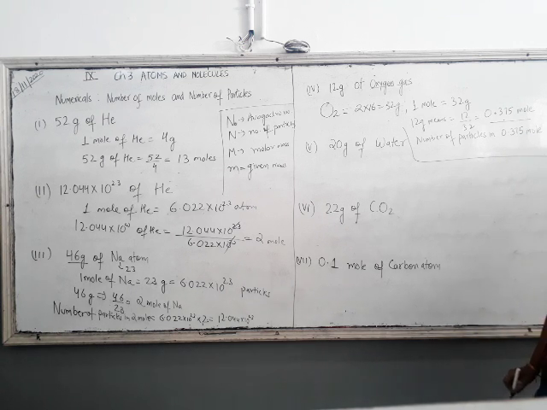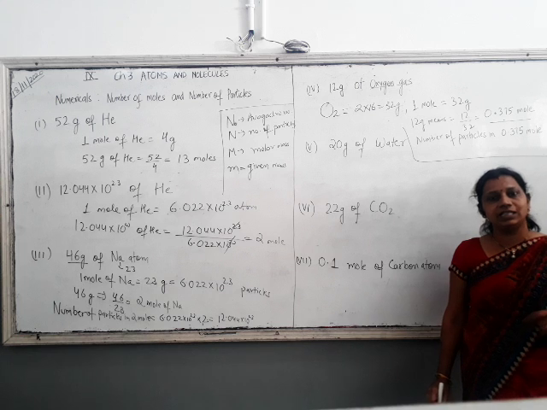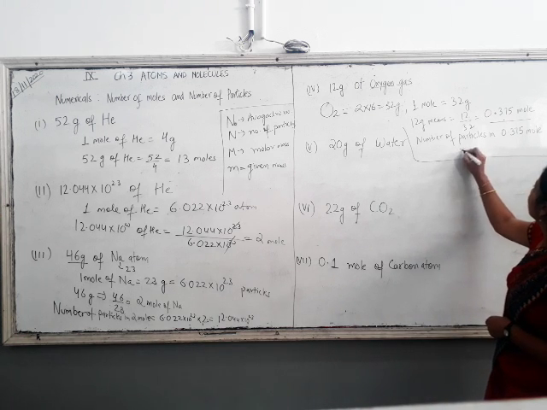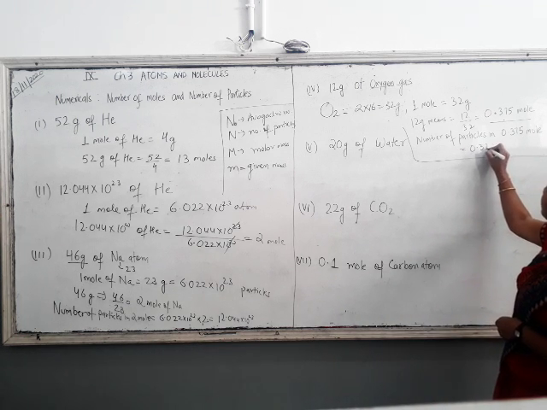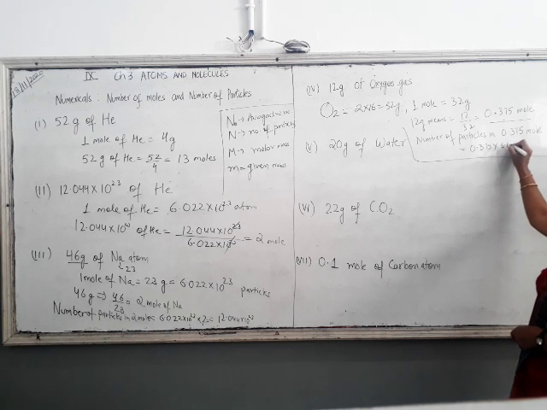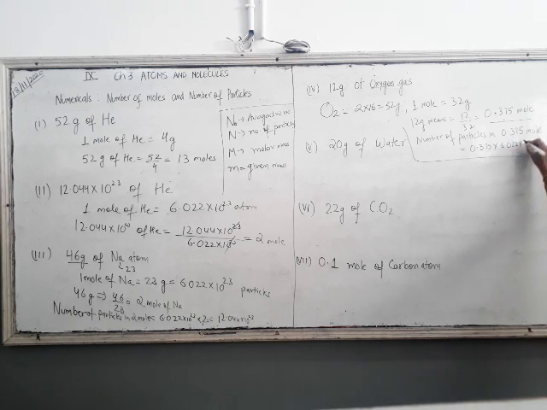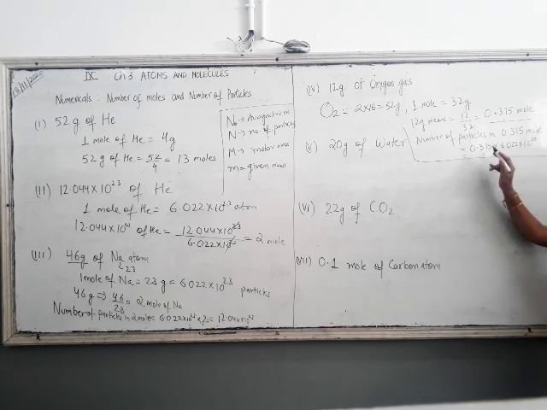This relation, the Avogadro number is same for each and every substance. So 0.375 into 6.022 into 10 power of 23. So like by simply multiplying, you can get number of particles.